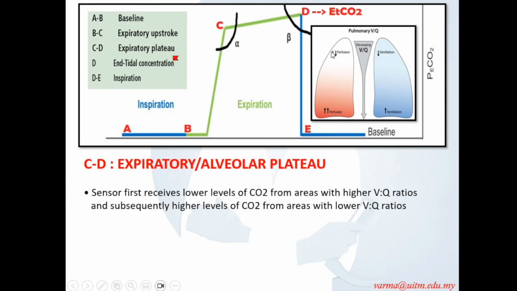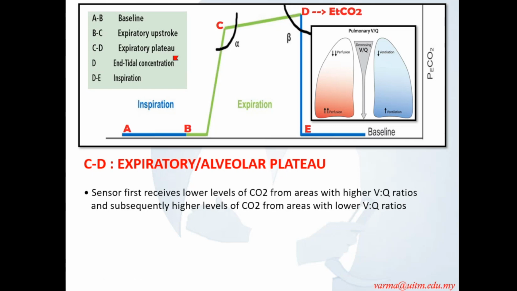Less blood is bringing CO2 to the apex, where the alveoli have better ventilation. They exchange, but only a lower concentration of CO2 because perfusion is lower, compared to your base, where more blood goes and there is a higher concentration of CO2. So this earlier part is the higher VQ ratio area that reaches your sensor, and the last part is the final squeeze of your lung.